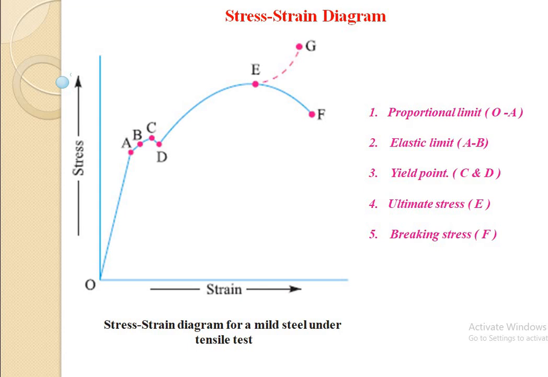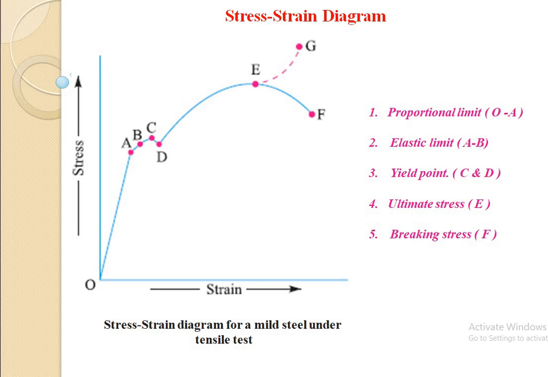The strain is determined by dividing the elongation values by the gauge length. The gauge length is the reference length before applying the load, and as we apply load, as we have studied in tensile strain, elongation takes place in the mild steel bar because we are conducting the tensile test.